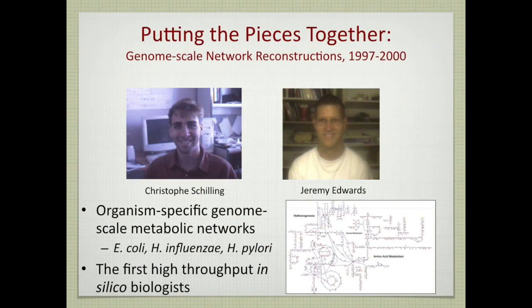So the result of such a reconstruction can take on many forms. One of them is a genome scale map of a metabolic network, and that's what's shown there. This does not look that different from a picture in your biochemistry textbook, in Lehninger or Stryer, or whichever textbook you actually read.